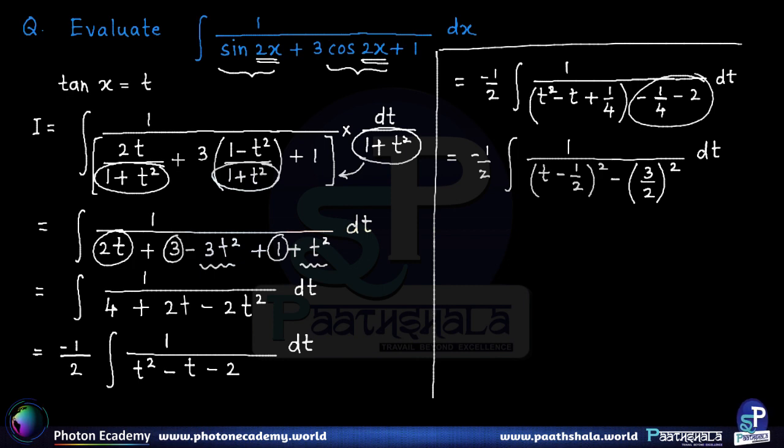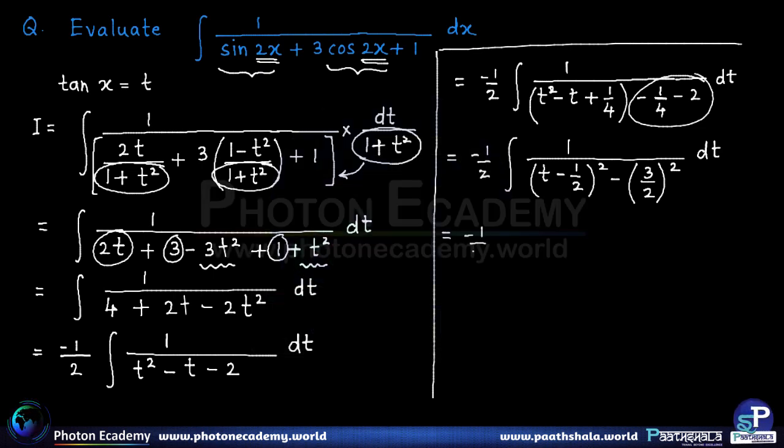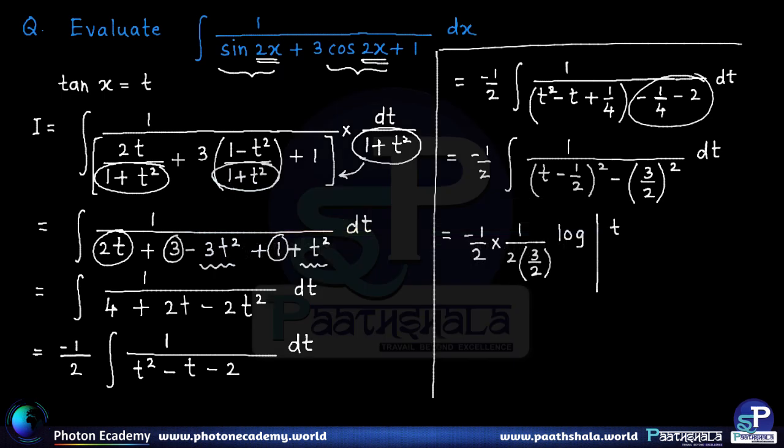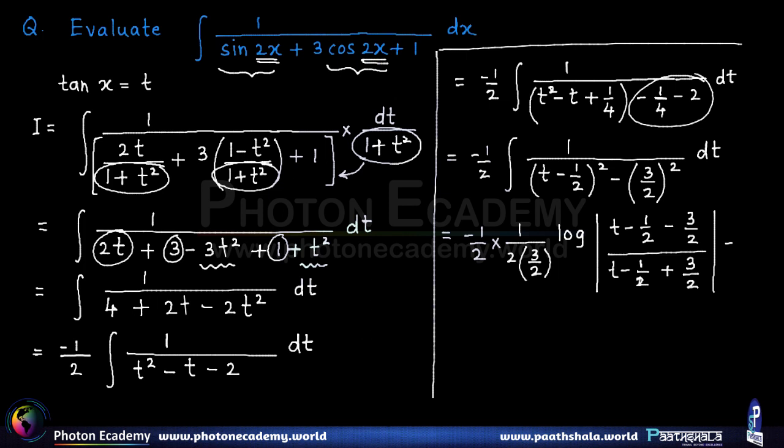Now this is of the form 1 upon variable square minus constant square. So once again we use the standard formula, that is 1 upon 2a, so 1 upon 2 into 3 by 2, log of mod of the variable minus a, that is t minus 1 by 2 minus 3 by 2, whole upon t minus 1 by 2 plus 3 by 2, that is x minus a upon x plus a, plus c.